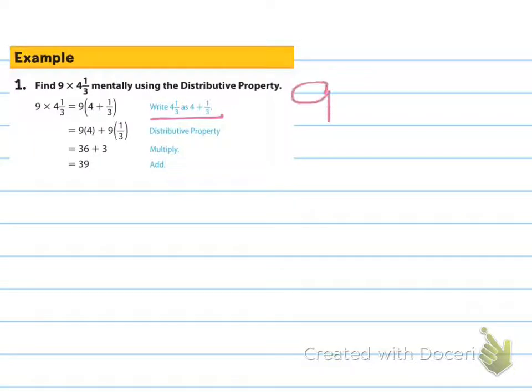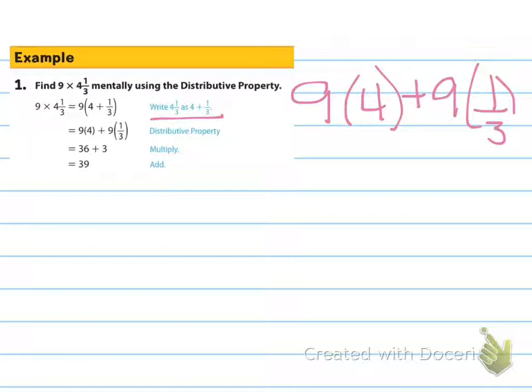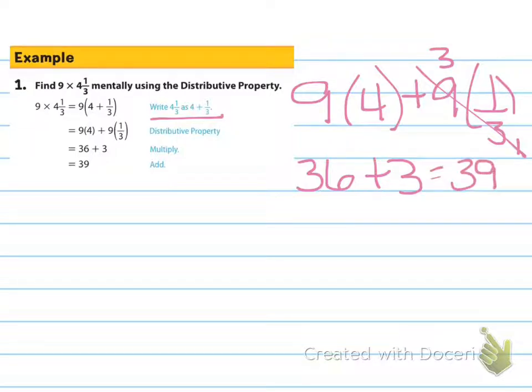And so we can do 9 times the 4 plus we can do 9 times the 1/3. And when we do that, it simplifies having to do the 1/3 part, because you can just quickly cross simplify and divide by 3, which makes this a 3 and this a 1. And now you can deal with 36 plus 3, which is a lot easier than doing 9 times 4 1/3. And so the answer would be 39.